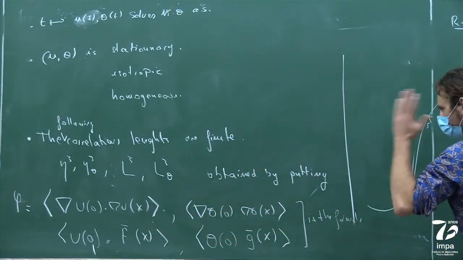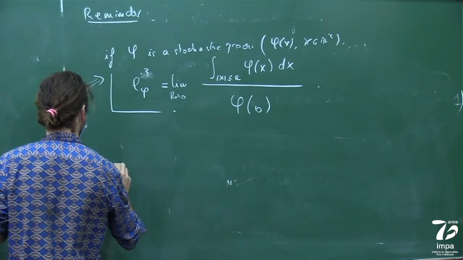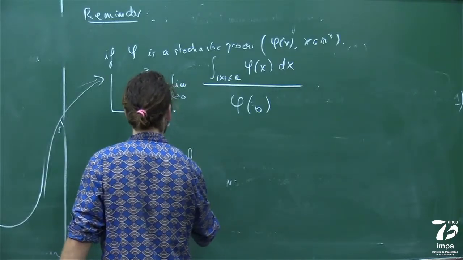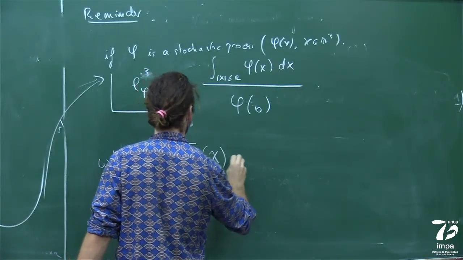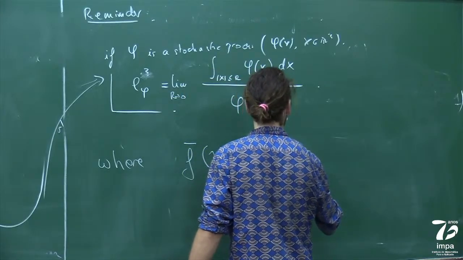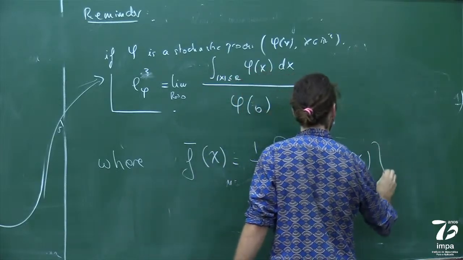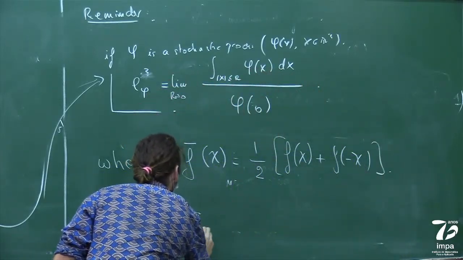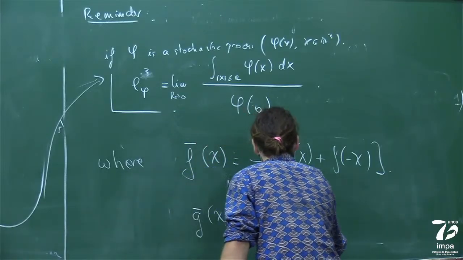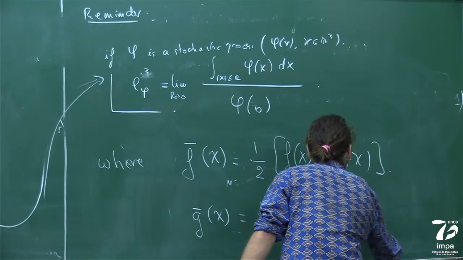So it's exactly the same thing as last week, essentially, where f bar of x is 1/2 of f of x plus f of minus x, and g bar of x is 1/2 of g of x plus g of minus x.